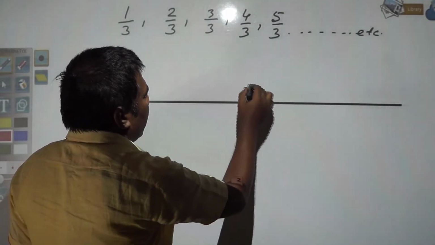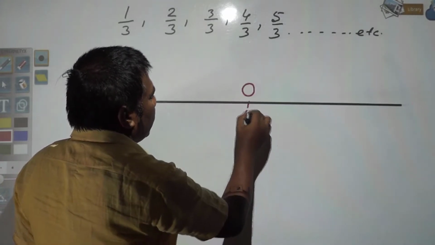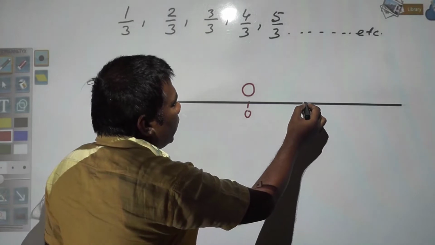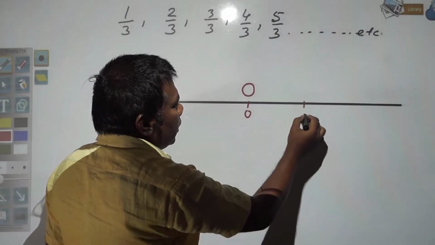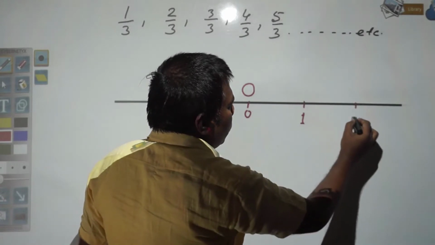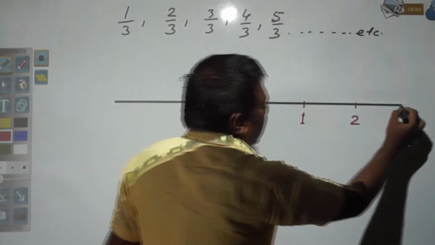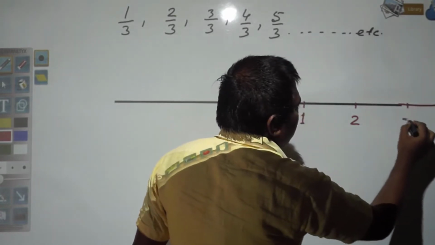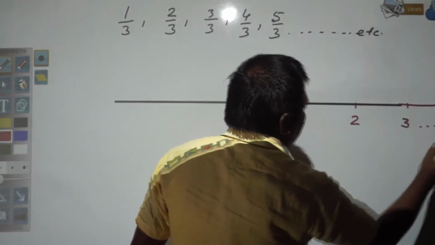Suppose you have named it O, and then start with 0. Now you have taken a 1 unit length over here. This is 1, this is 2, and again you can extend this. Suppose this is 3, and so on.